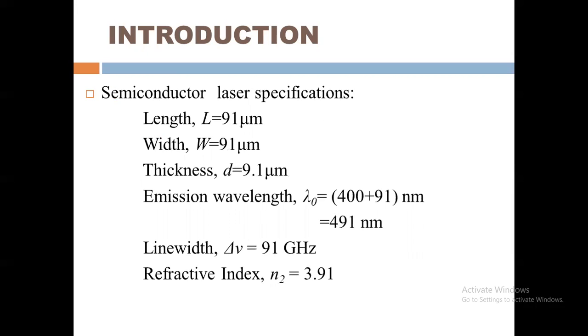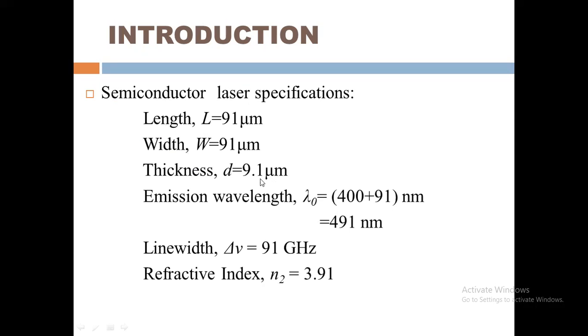So I have designed my laser. These are the assumed parameters for my laser. For my semiconductor laser, the length is 91 micrometer and the width is 91 micrometer, assumed according to my roll number or student ID number.